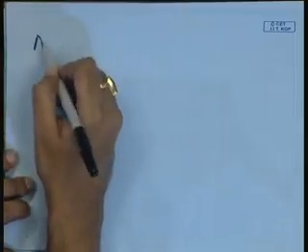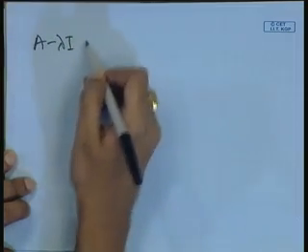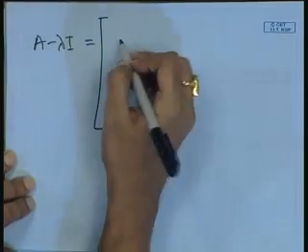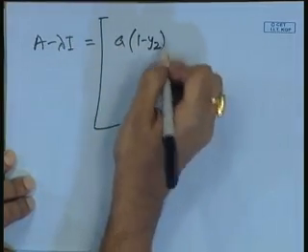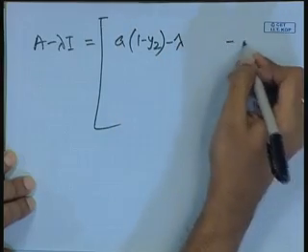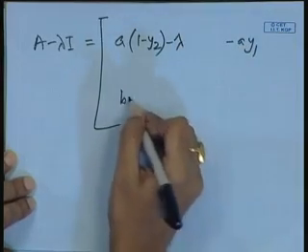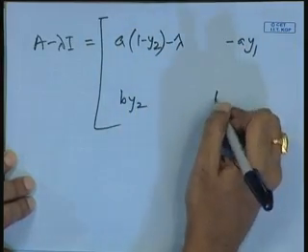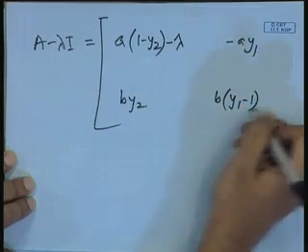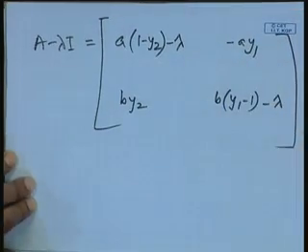Okay. So let us form the characteristic equation first. A minus lambda I would be equal to the matrix with entries A times 1 minus y2 minus lambda, minus A y1, B y2, and minus B times 1 minus y1 minus lambda.